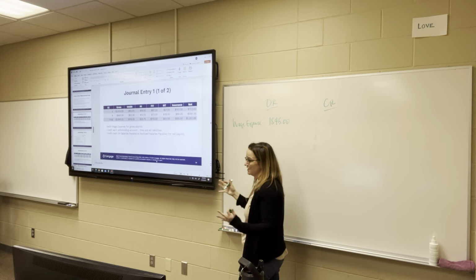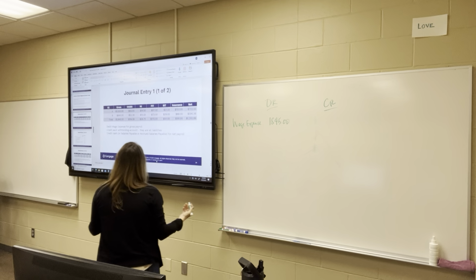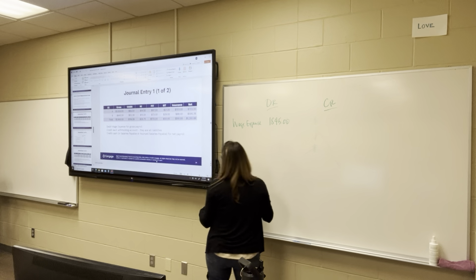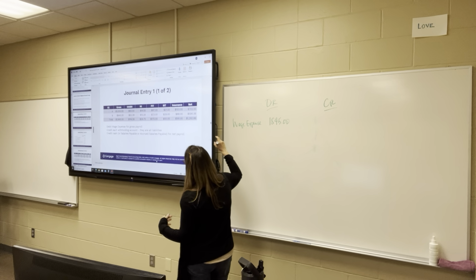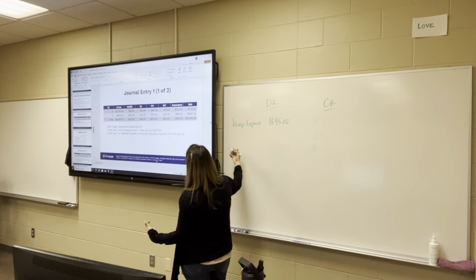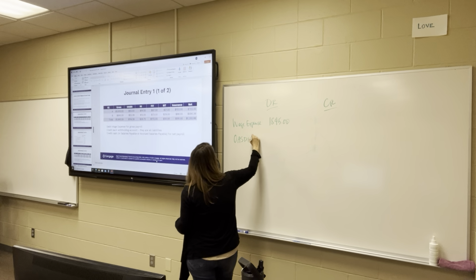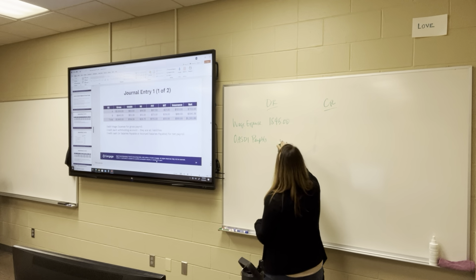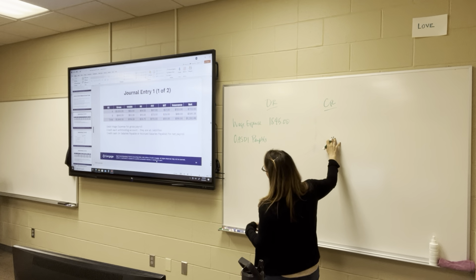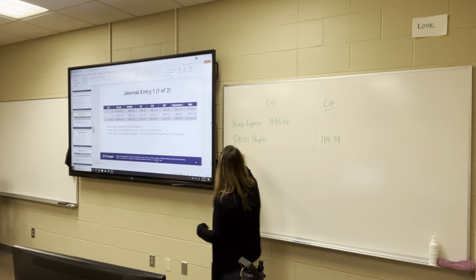Now, it's not the amount of cash that's going out, but we are debiting wage expense, so we're increasing wage expense in this example. We then have amounts that are going to be withheld. These are going to be credits because these are payables. So we have OASDI payable, and these are liabilities, so they have a normal credit balance, $114.39.